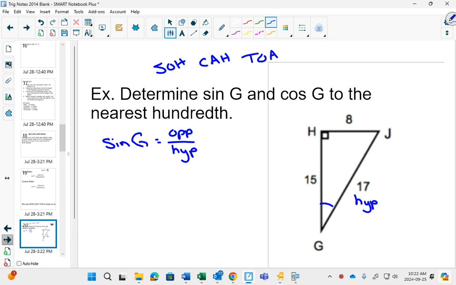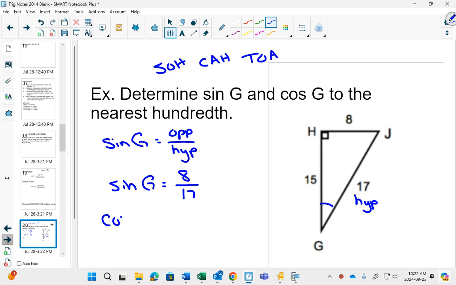So then I look at my triangle, and if I'm talking about angle G, then the opposite is 8. And the hypotenuse is 17. So my sine ratio is 8 out of 17.